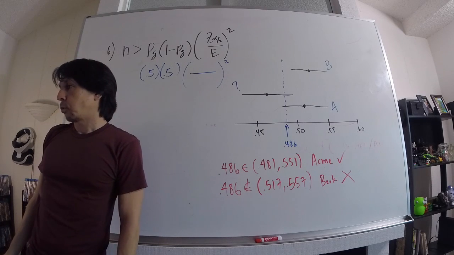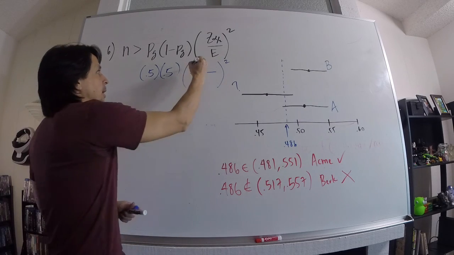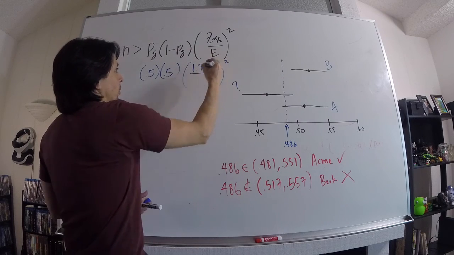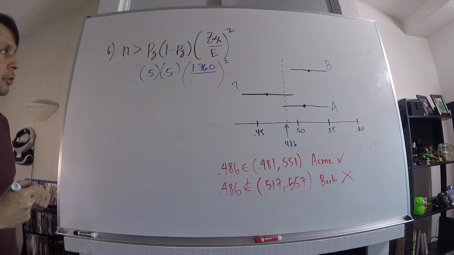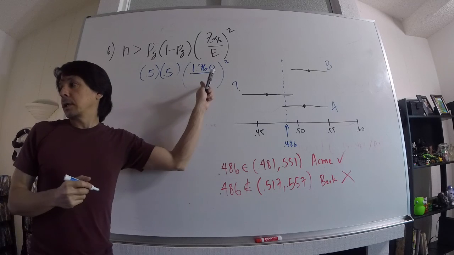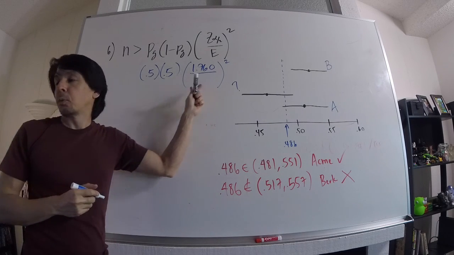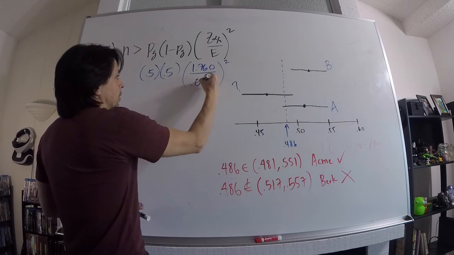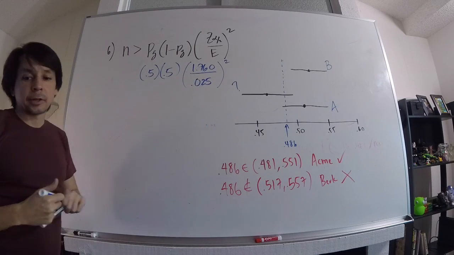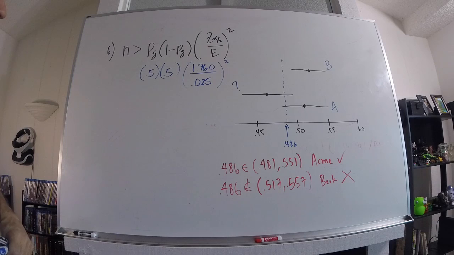They want it for the 95% confidence level, and so that was 1.960 that we used for a 95% confidence interval. The margin of error E is what they're specifying in the problem. They want at most 2.5%. And that's a very common thing that they go for. They like to have a margin of error about 2.5%.